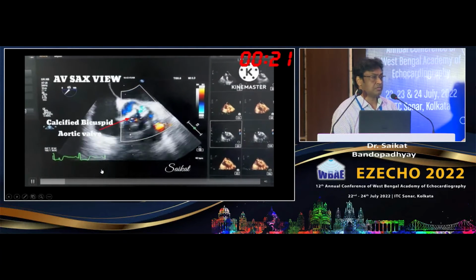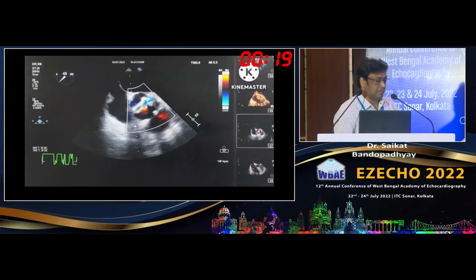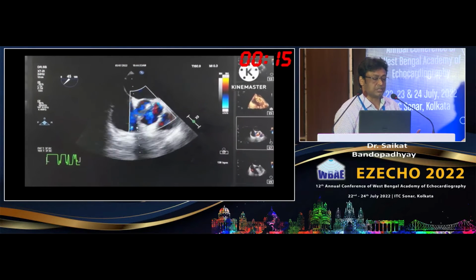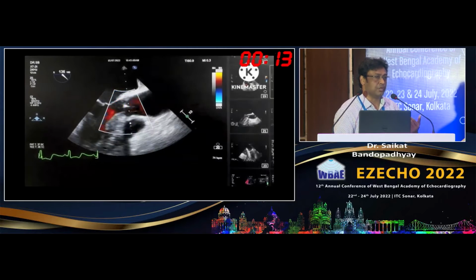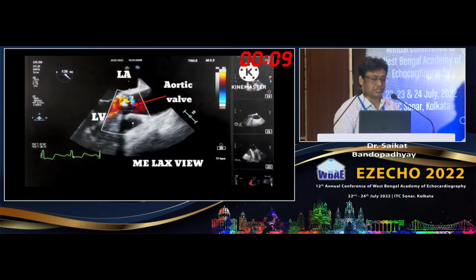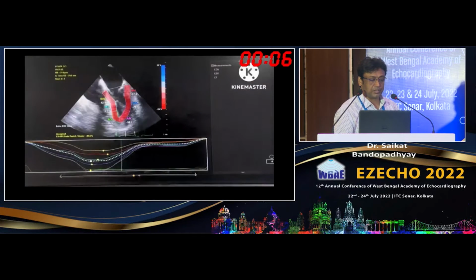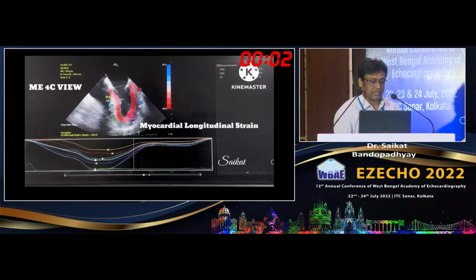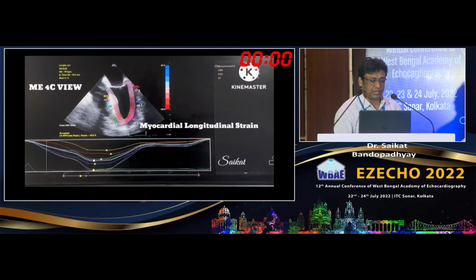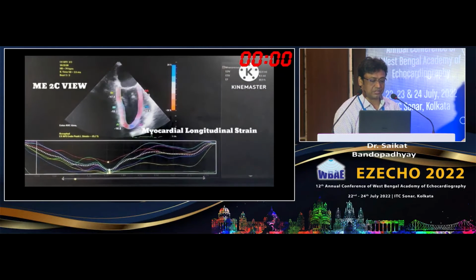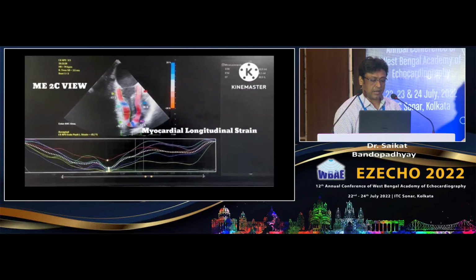A lot of the times, after the valve is placed, because we have a lot of inotropes on board, these patients would have a high gradient. So it's very important to differentiate between a patient-prosthesis mismatch versus a normal valve. In this particular case, we did a myocardial deformation study, and it actually showed a very good strain, quite strangely, in spite of a severe aortic stenosis.